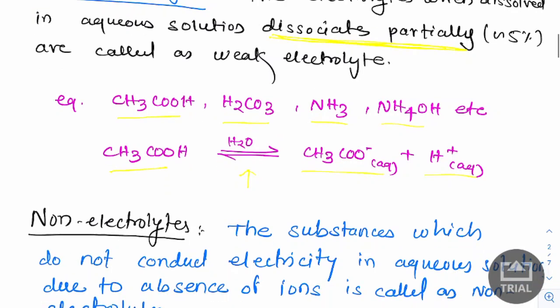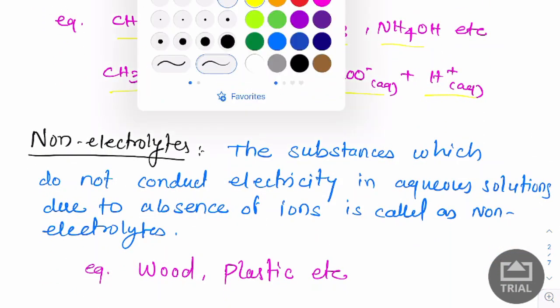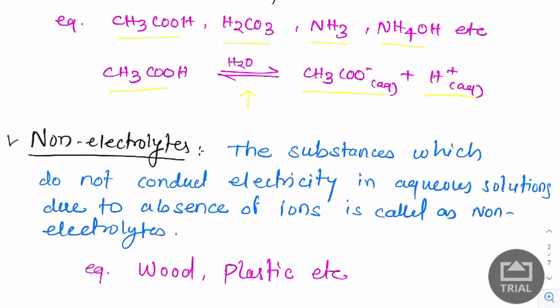One more concept is non-electrolytes. What is meant by non-electrolytes? It is just the opposite of an electrolyte: substances which do not conduct electricity in aqueous solution. Why do they not conduct electricity?